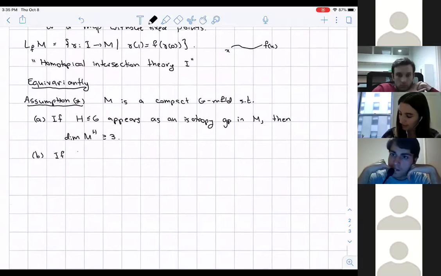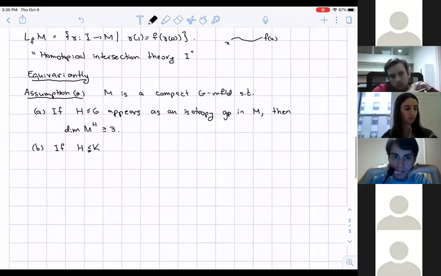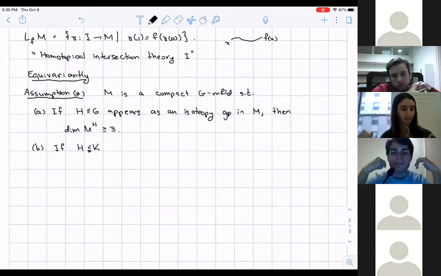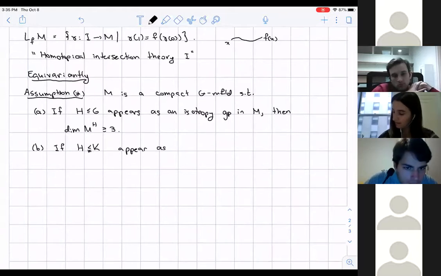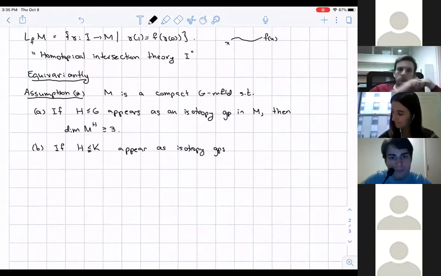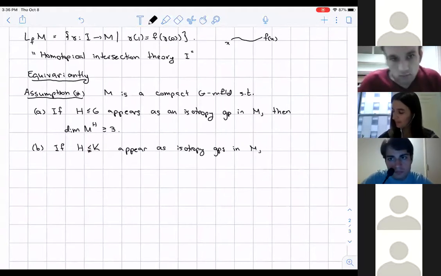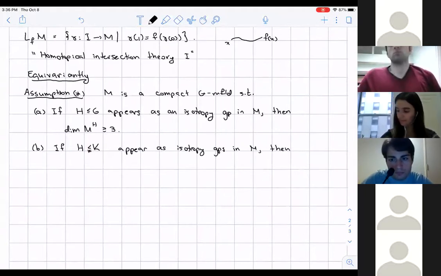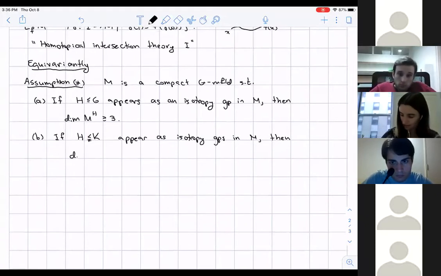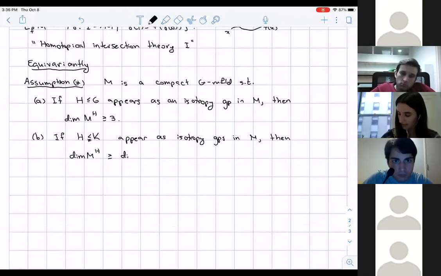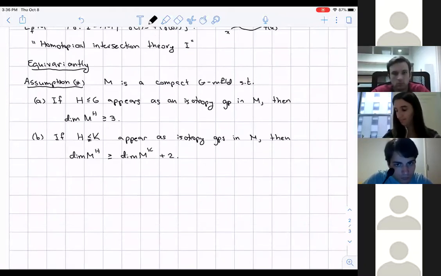All right, and if H and K are two different strictly contained subgroups that appear as isotropy groups in M, then the dimension of M^H is at least the dimension of M^K plus 2.